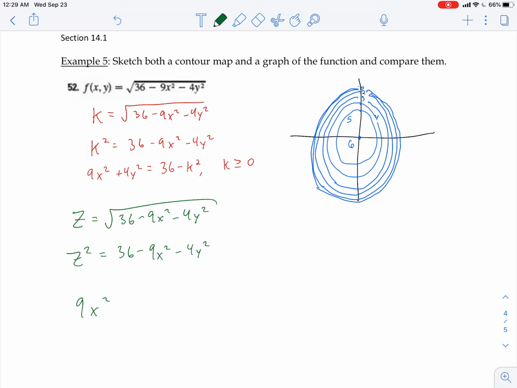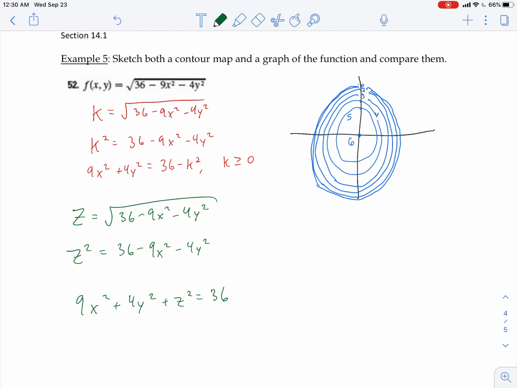So 9x squared plus 4y squared plus z squared is equal to 36.